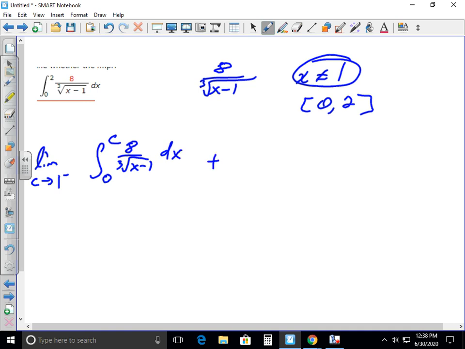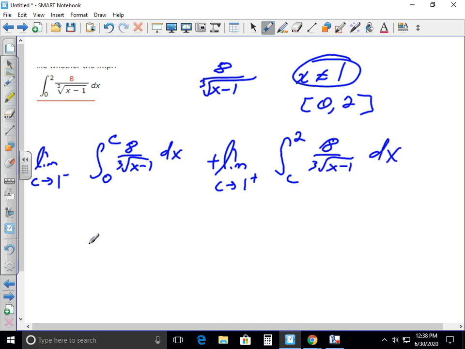And then we're going to take the limit, and we're going to let c approach 1 from the right side, and we're going to go from c to 2. So notice in both cases, we're going to 1. So we're going from 0 to 1, and then from 1 to 2. We're just not quite making it all the way to 1.